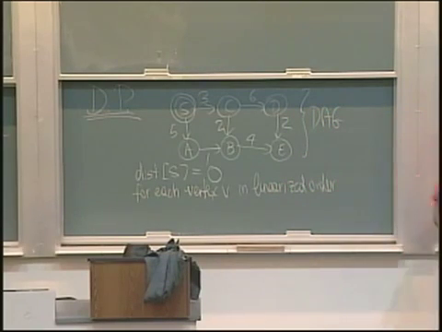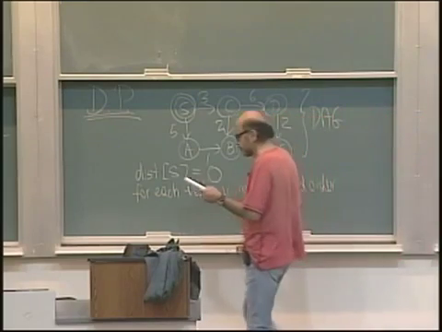So it can be linearized. Everybody remembers that? It can be put on a straight line so that every edge goes from left to right. That's what linearization means. And you can do this by depth first search. Since depth first search is the world's speediest algorithm, we don't even mention it. It's already linearized. Do the following.